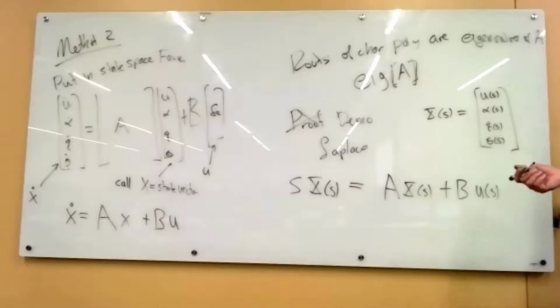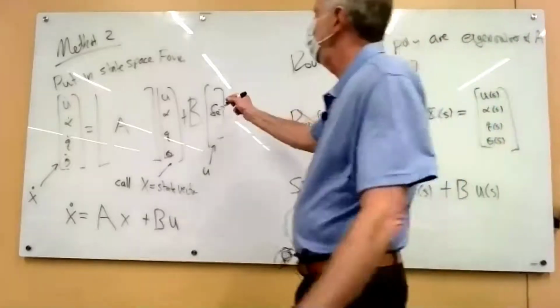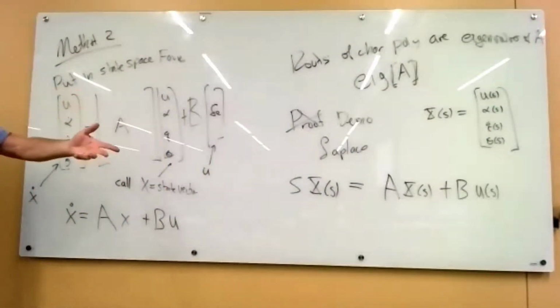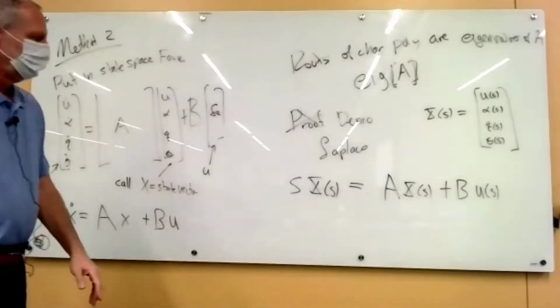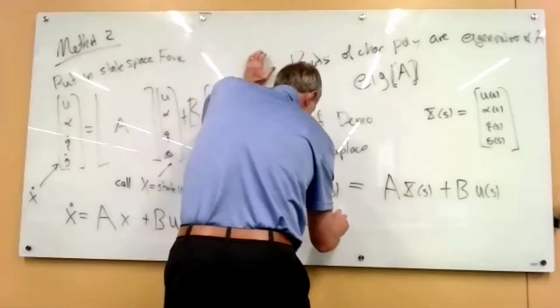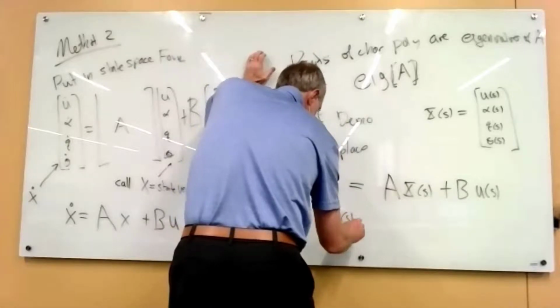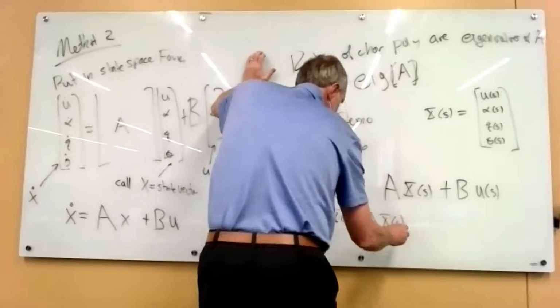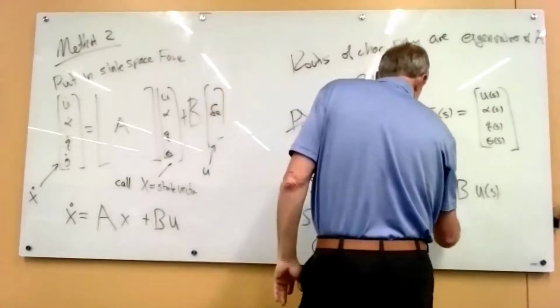So now the process is you Laplace and then you solve for x, right? Forget the state space form. If we were going to solve these equations, you'd Laplace them, you'd solve for the variables algebraically, and you're done. So let's put all the x's over here, because we're going to solve for x.